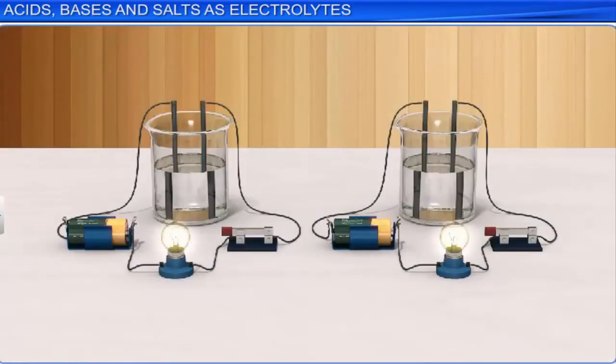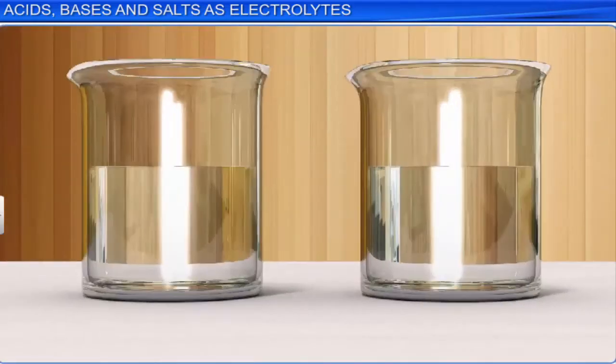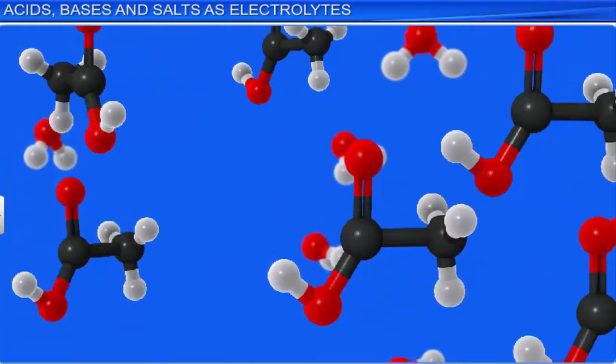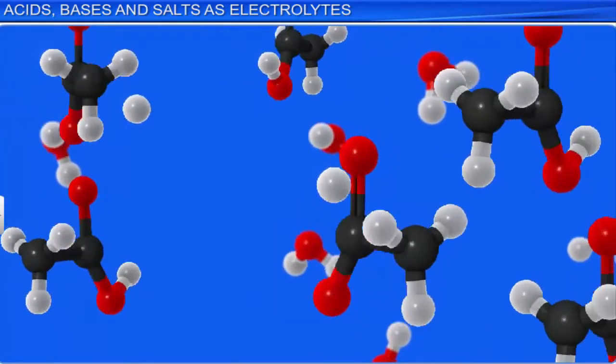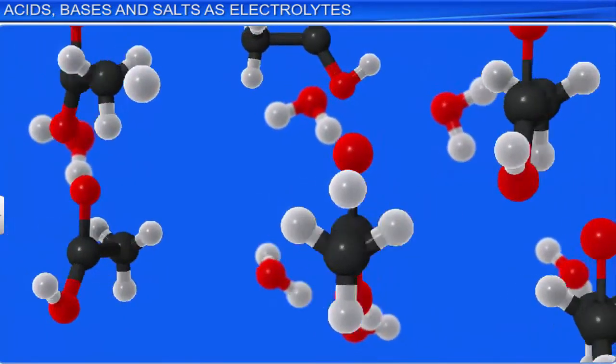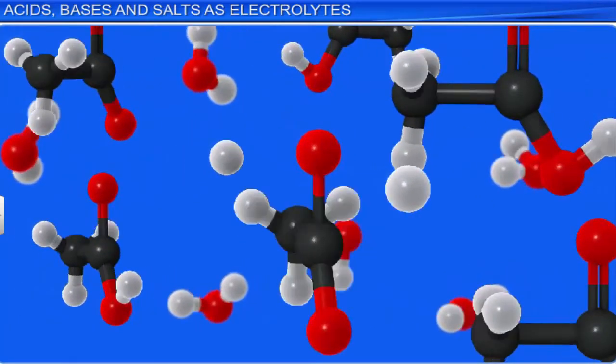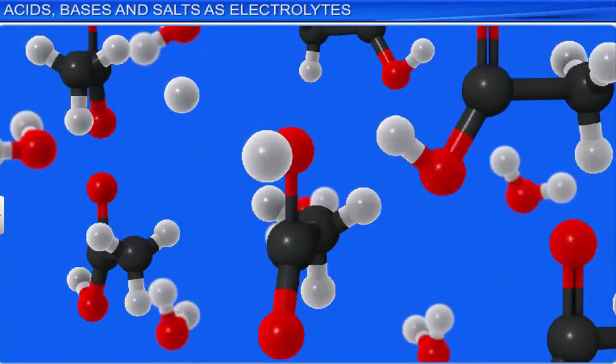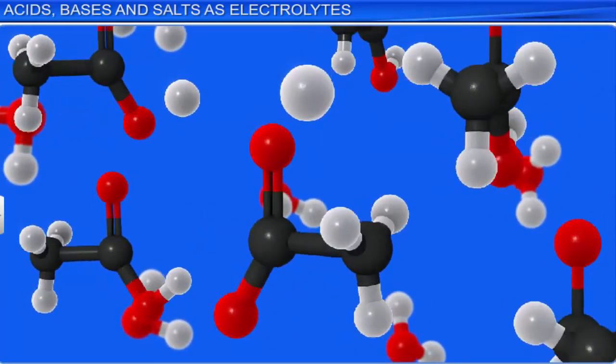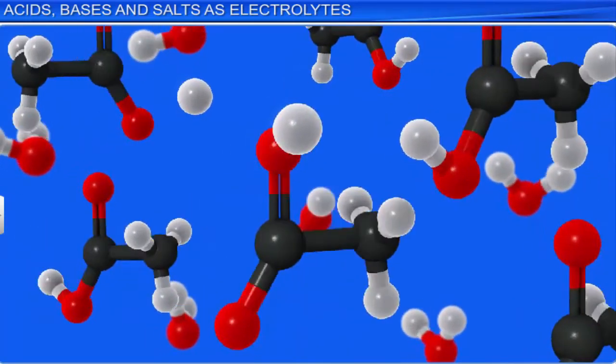On the other hand, acetic acid dissociates partially in its aqueous solution, so the number of mobile ions is less. Therefore, it has a lower conductivity. So, acetic acid is a weak electrolyte.